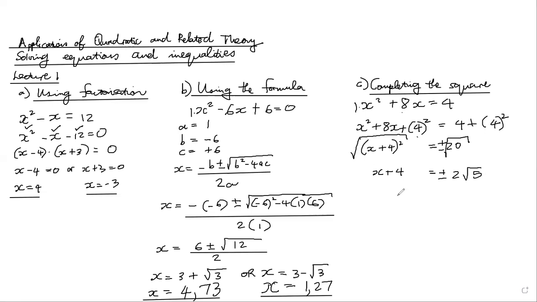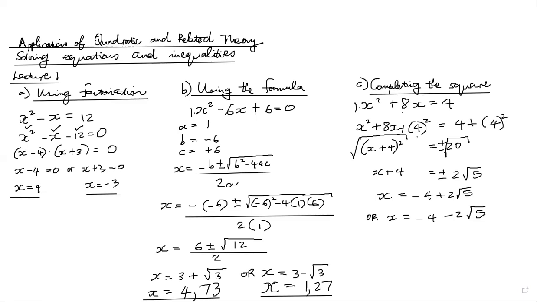Now let's move the plus 4 to the right side. So we'll get our two answers. x would be negative 4 plus 2 square root 5, or x would be negative 4 minus 2 square root 5.